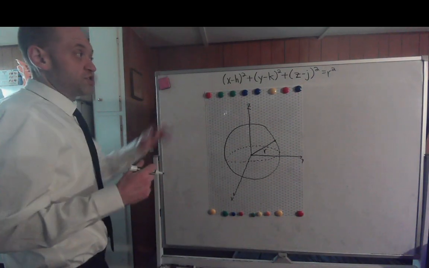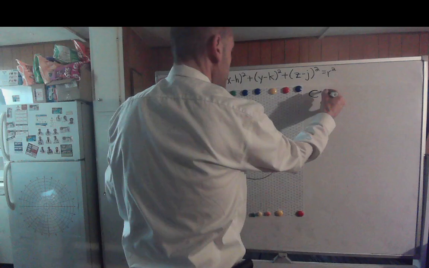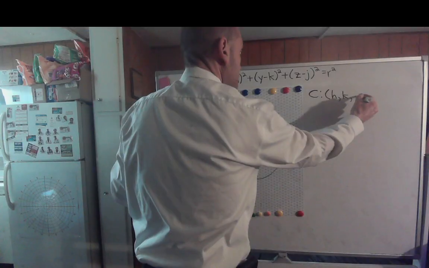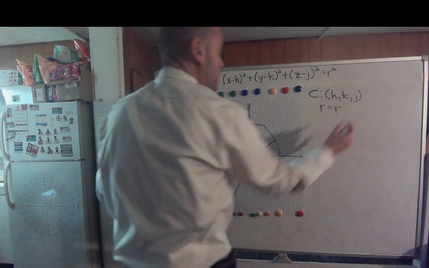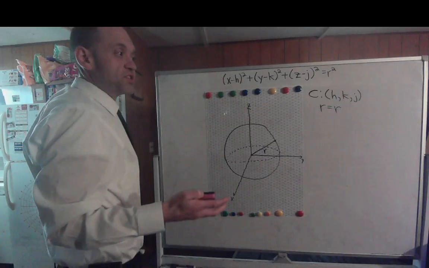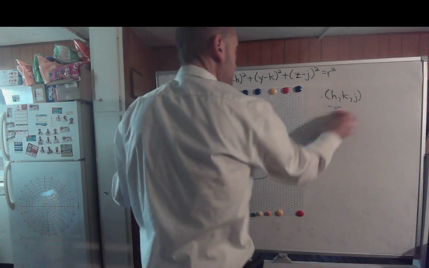So to find your center of the sphere, you set each of these quantities equal to 0. You'll get a center at h, k, j when you set each of those quantities equal to 0, with radius equal to r. So it's a lot like dealing with a circle, only in 3D, or dealing with a sphere.